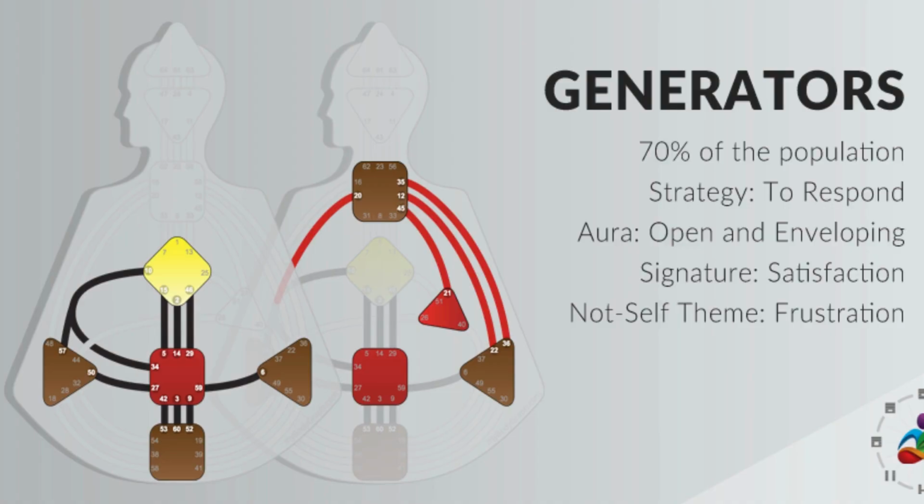They derive their energy from the sacral center, the source of generating life force. Generators have a tremendous amount of energy at their disposal, but need to know how to use this power correctly so as not to waste this energy on activities that do not lead to expected outcomes.